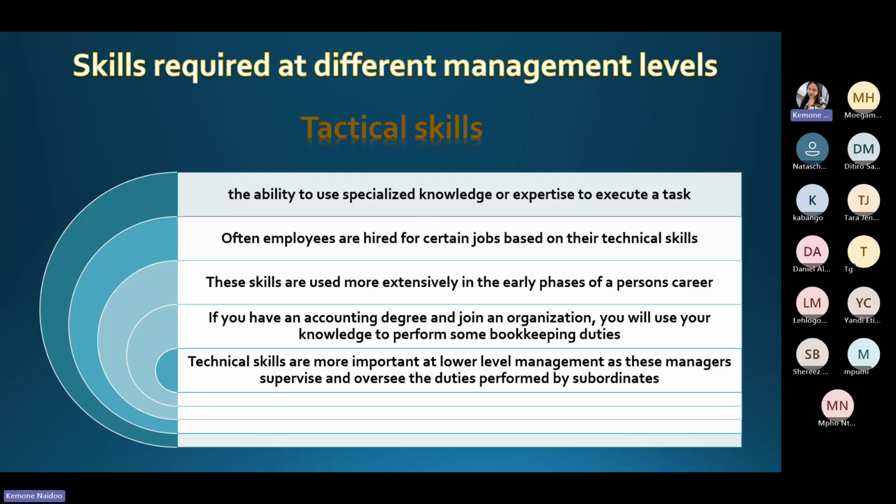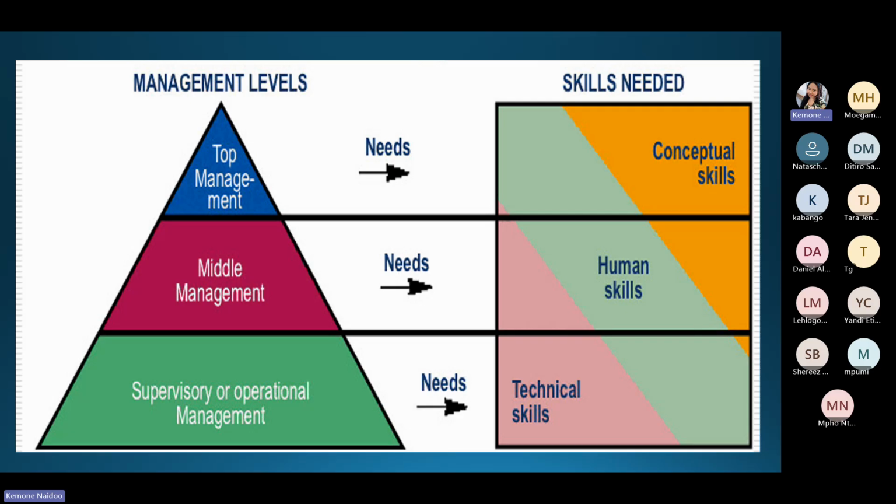So if you think about your lower level management, they are concerned with more of your technical skills, because what they are doing is they're working on a daily basis to meet daily operational goals. They are more hands-on with these approaches. So it's just more specialized skills. Anything that is more specific to meet the requirements of a specific task.